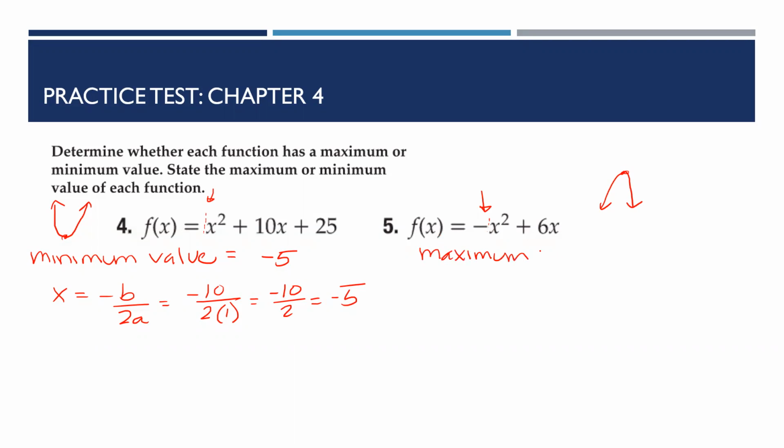We're going to use the equation for axis of symmetry, and that ends up being negative 6 over 2 times negative 1. So that would be negative 6 over negative 2. And we've got negative divided by negative, so that's positive. So that would be a positive 3. So the maximum value is positive 3. Okay.